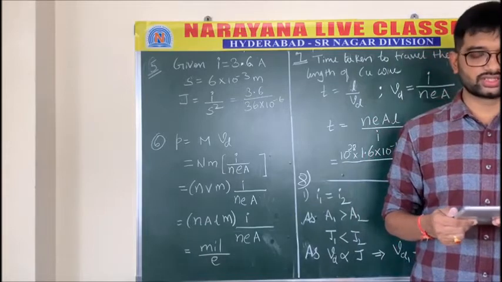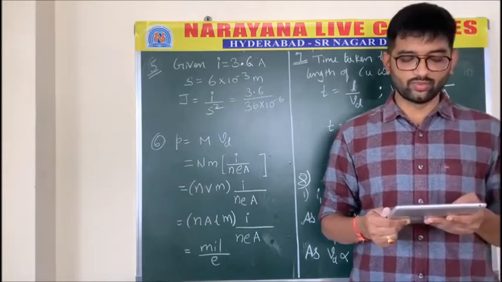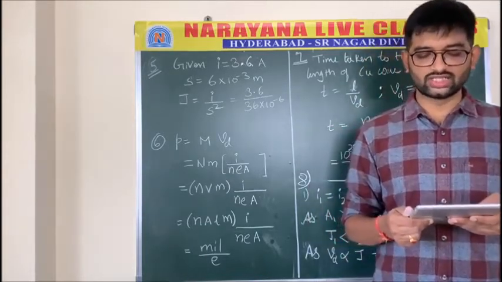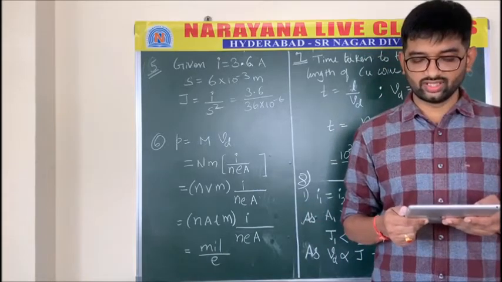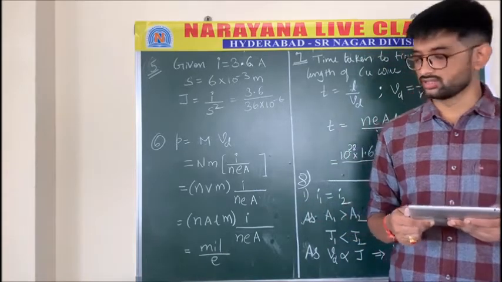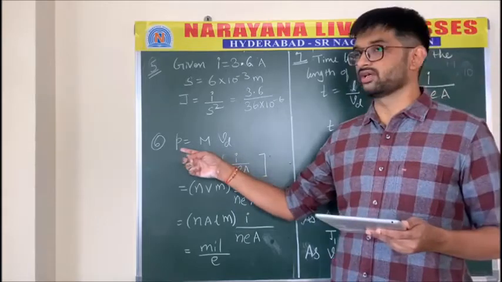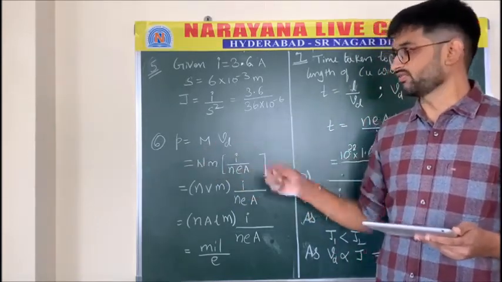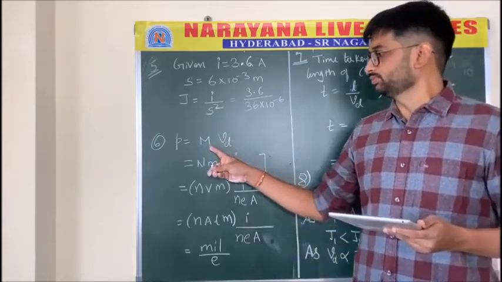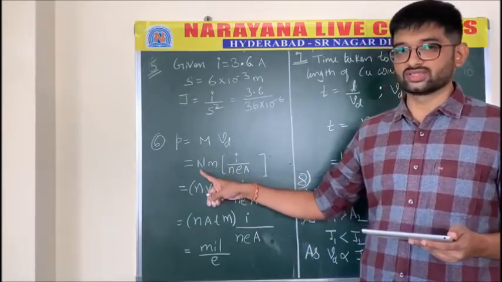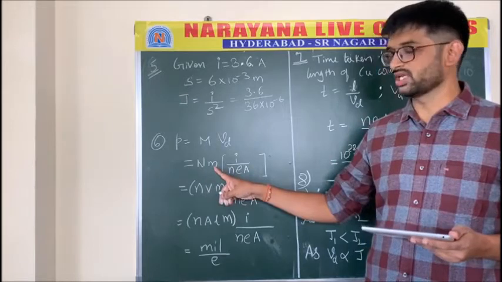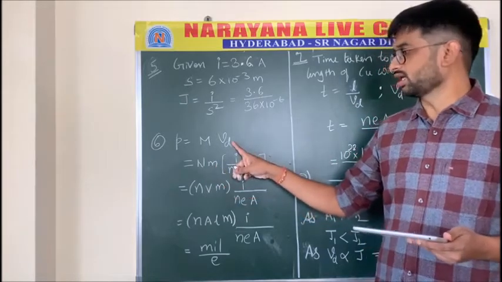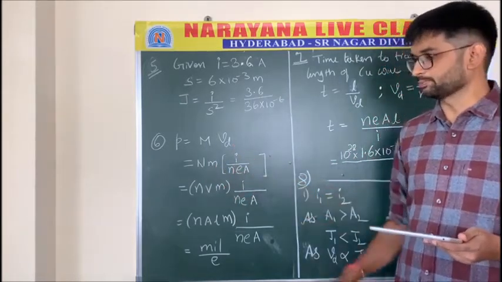Problem number 6. Find the total linear momentum of the electrons in a conductor of length 1000 meters carrying a current of 70 ampere. So in this, total momentum will be the mass of all the electrons in the conductor into drift velocity. So if N number of electrons are there, then N into m, m being mass of each electron, into drift velocity, which is I by nEA.